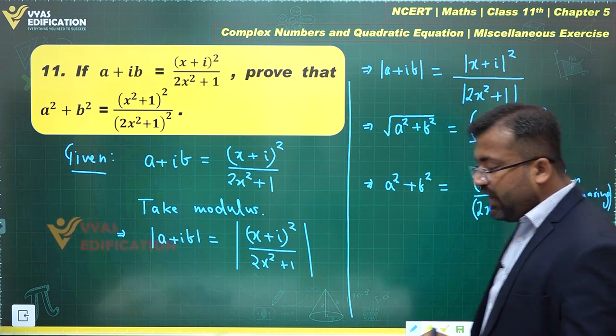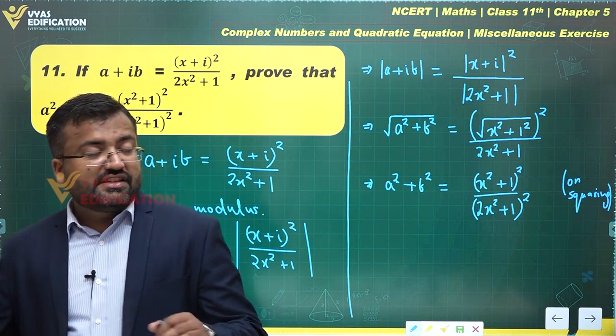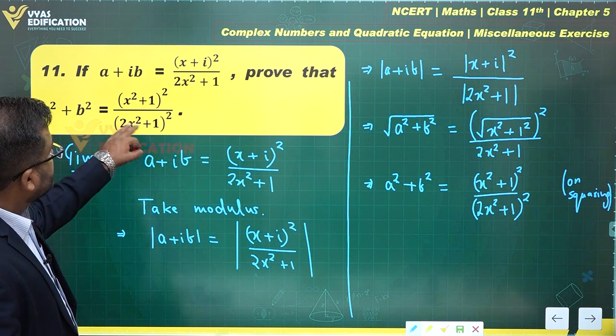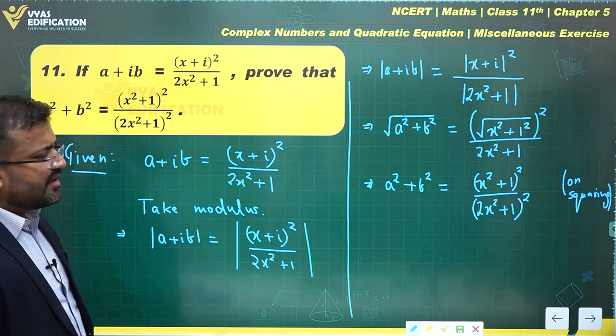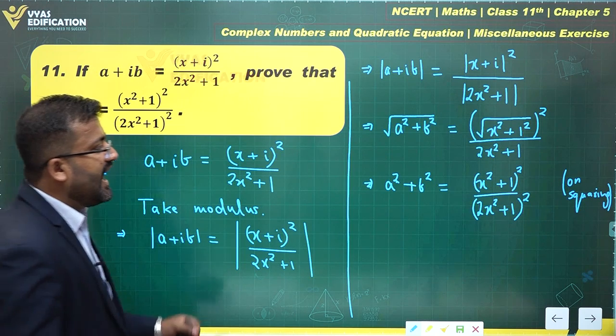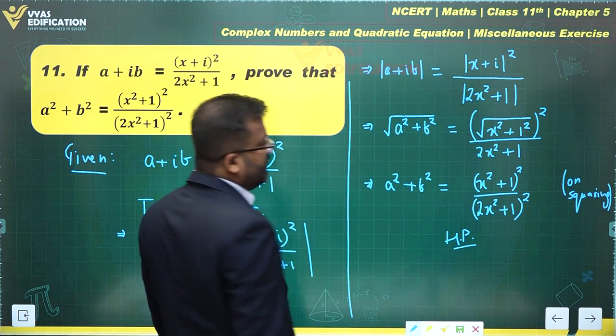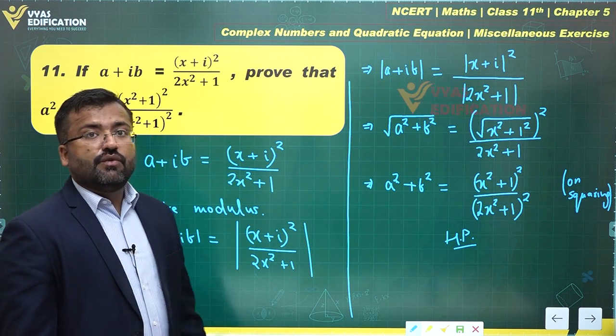Let us take a look at what was being asked. We were asked to prove a square plus b square is equal to (x square plus 1) whole square upon (2x square plus 1) whole square. And yes, we have done exactly that. This is a complete proof of this question.